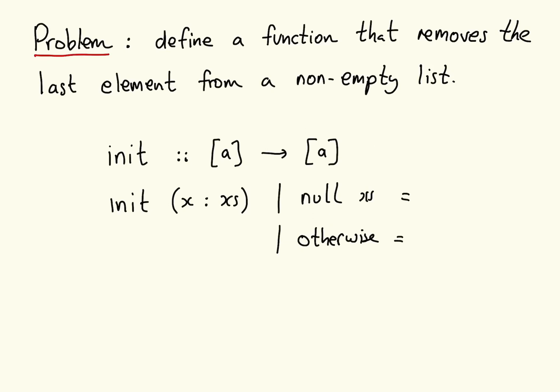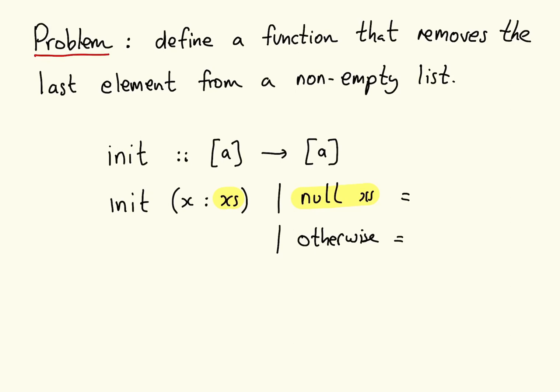So what does this mean? Well, I've got two guards, so I'm making a choice between doing two things. In the first case, I'm saying, is the remainder of the list empty? And null is a little library function that takes a list as an input and returns true if it's empty. So all I'm doing here is checking, is this list actually empty?